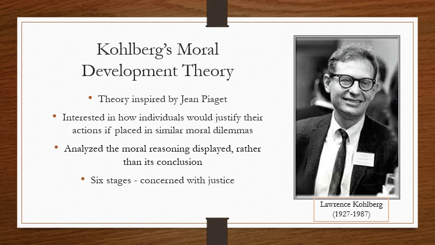The theory is interested in how individuals would justify their actions if placed in similar moral dilemmas. It analyzed the moral reasoning displayed rather than its conclusion. In all, there are 6 stages concerned with justice.